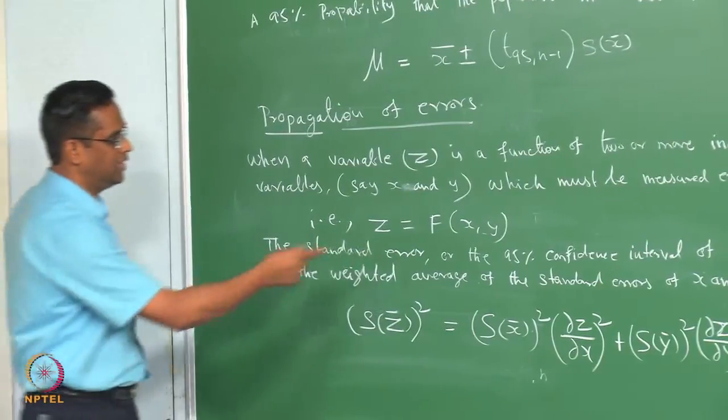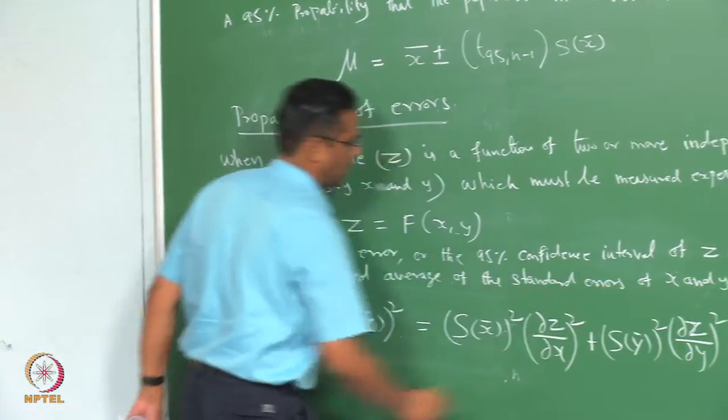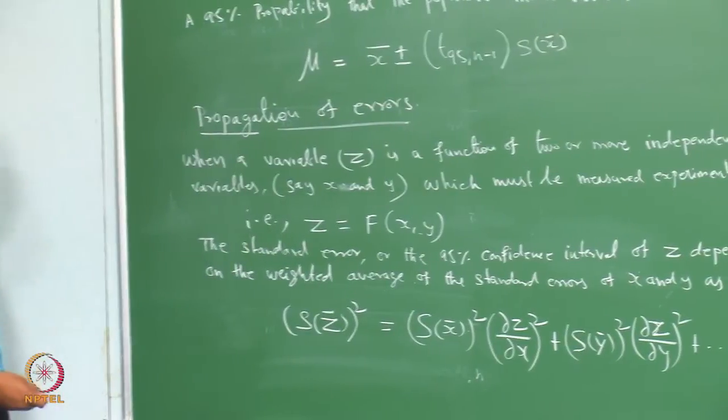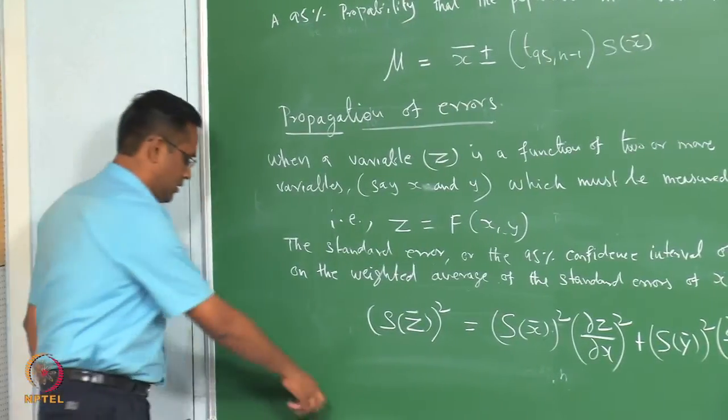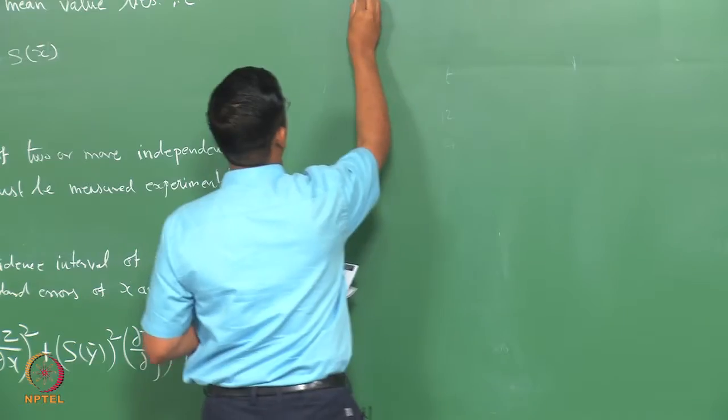If you have z, then the z term will also come. We can write the same thing in the other form.